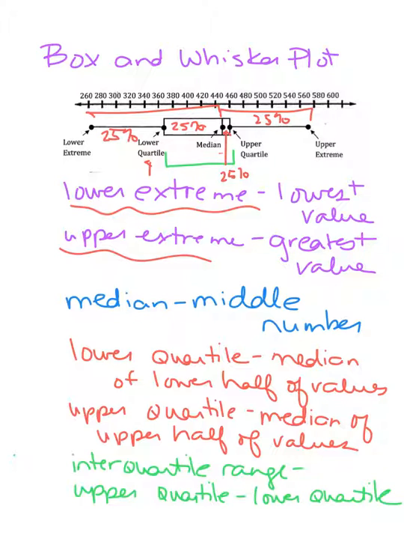So together, the whole box and whisker makes up 100%. The other important part is our interquartile range, just the box, which is made up of 50%: 25% between the lower quartile and the median, and 25% between the median and the upper quartile.